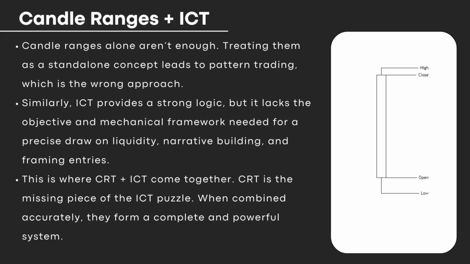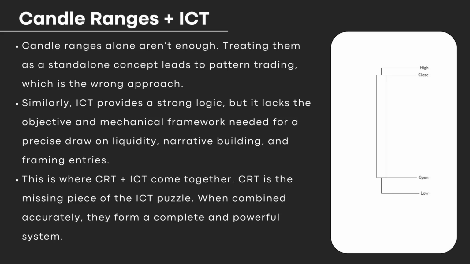In the same manner, even ICT concepts without CRT are pretty much insignificant, in the sense that they lack any objective or mechanical framework that you can turn into an edge and work with. On the other hand, CRT provides the proper framework needed for precise drawn liquidity, narrative building, and framing entries, which is why we've got ICT and CRT.